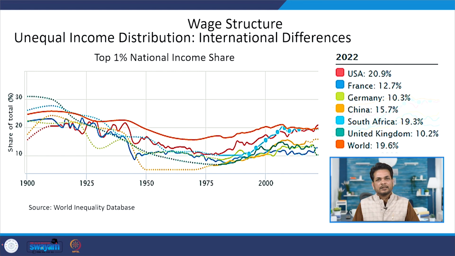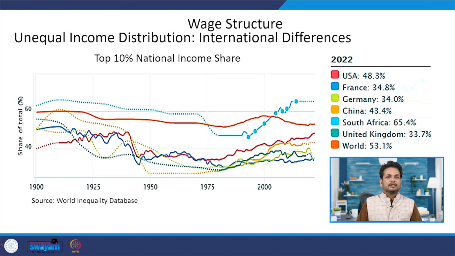In the United States, it is 20.9%, whereas in France it is 12.7%. You can see in Germany it is 10.3%, in China it is 15.7%, in South Africa it is 19.3%, and in the United Kingdom it is 10.2%. So, the point here is that it varies across the countries, and the share of national income is concentrated at roughly 10 to 20% at the top level.